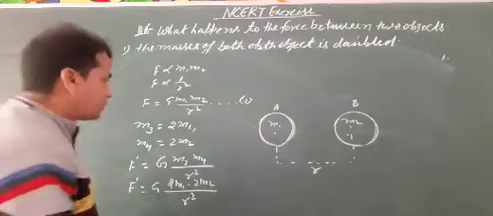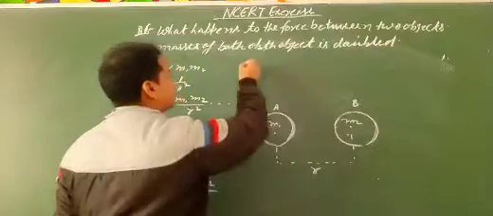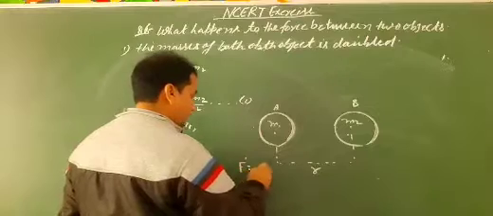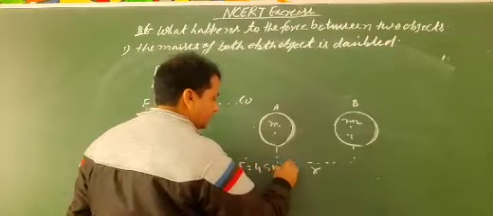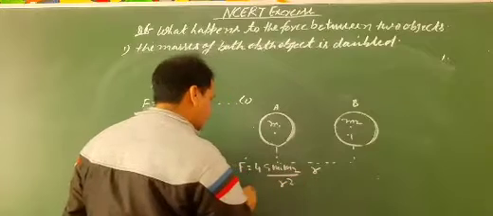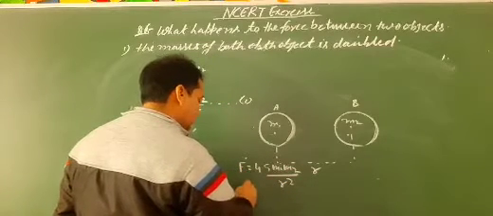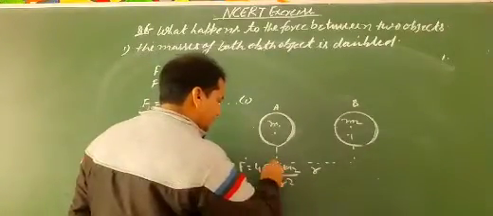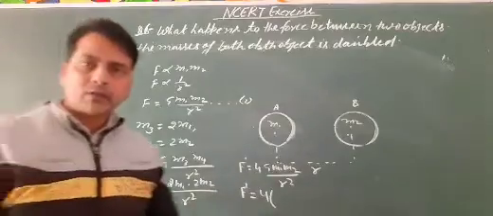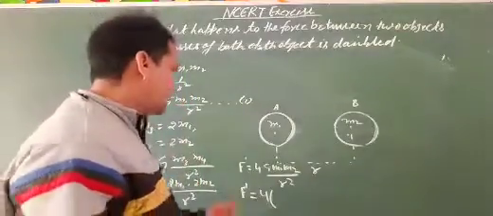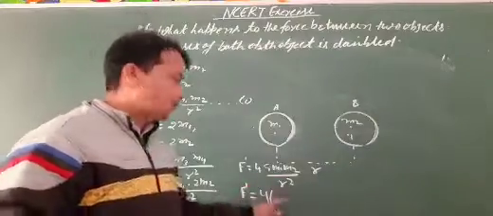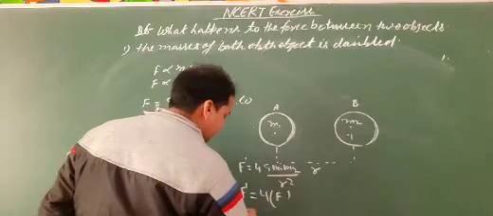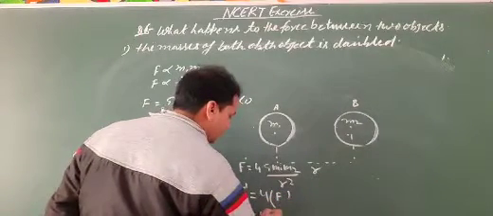Then the new gravitational force F dash equals 4 G m1 m2 by r square. Now F dash equals 4 times G m1 m2 by r square, which is the original gravitational force. So in the place of G m1 m2 by r square we can write F. Then F dash equals 4F.